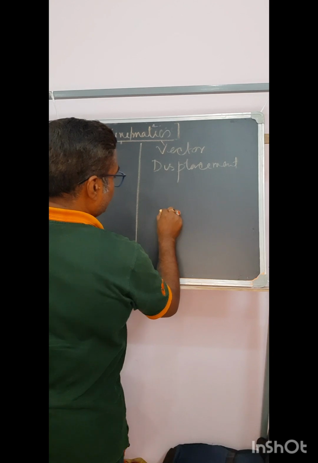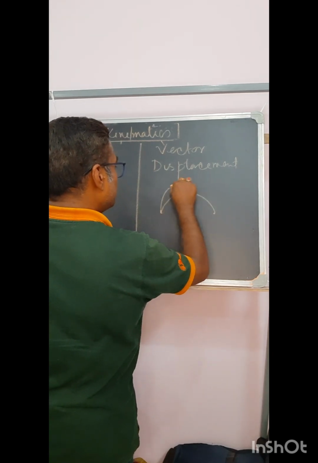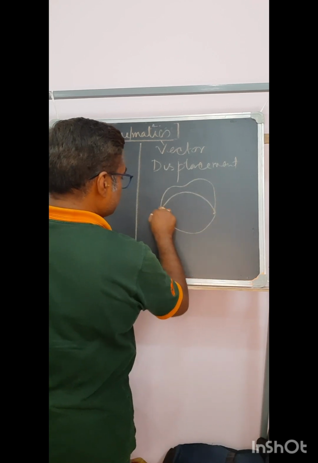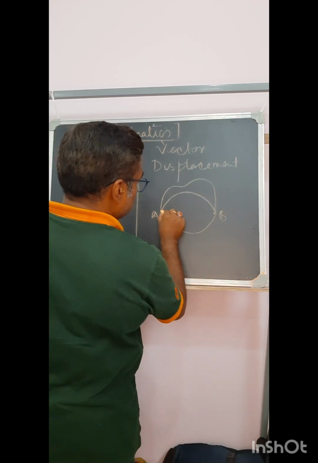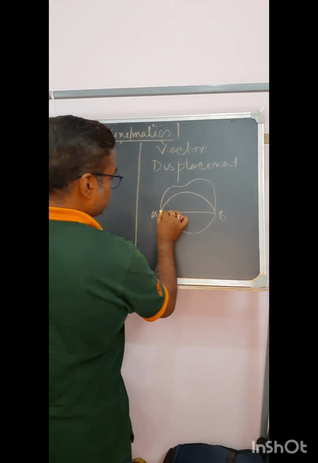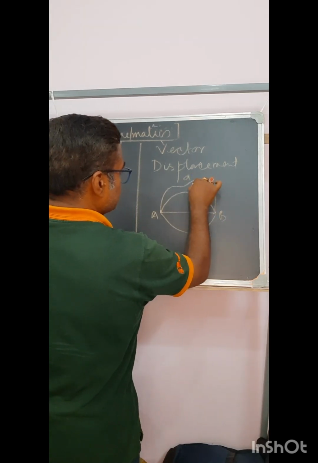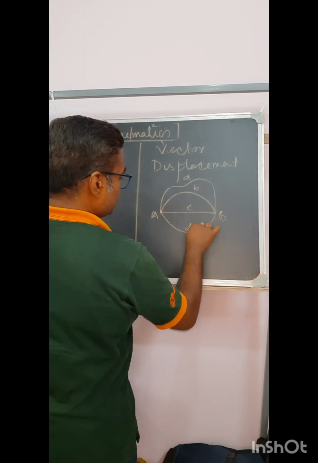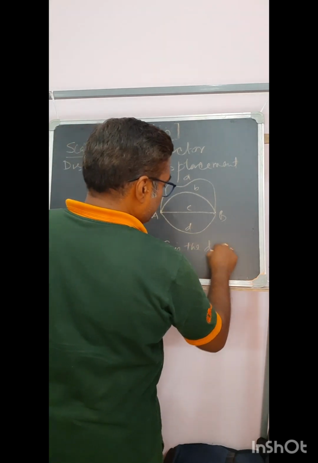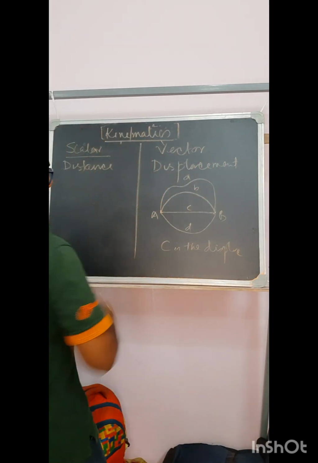For example, if I say there are 2 points, there may be several paths to move and reach from one to the other. Let's say this is point A, this is B. The shortest is the straight line distance. Let's say this is A path, B path, C path, D path. So C is the displacement and any other is the distance.